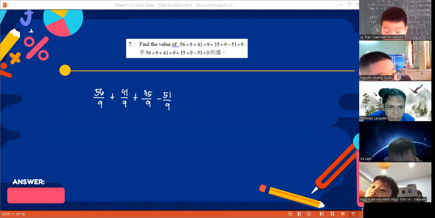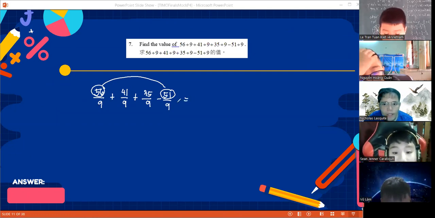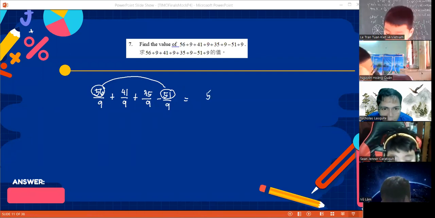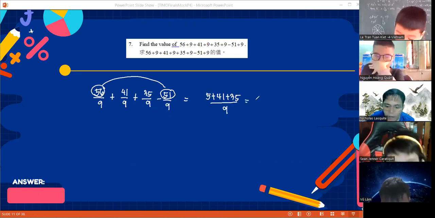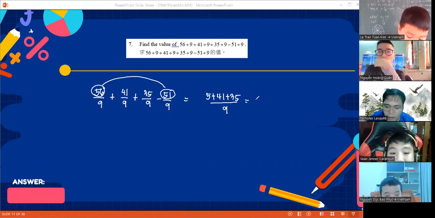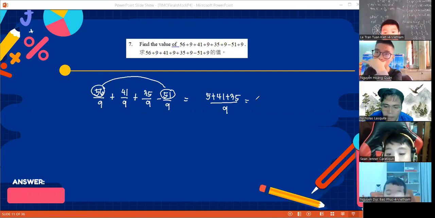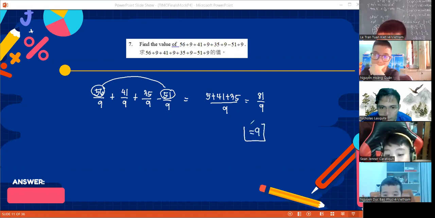We can pair the numbers first. 56 minus 51 would be 5, right? So you have 5 plus 41 plus 35, all divided by 9. 5 plus 41 is 46, plus 35 you'll get 81. So this is 81 divided by 9, and the answer here is 9.